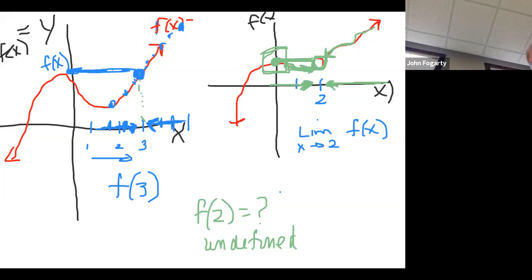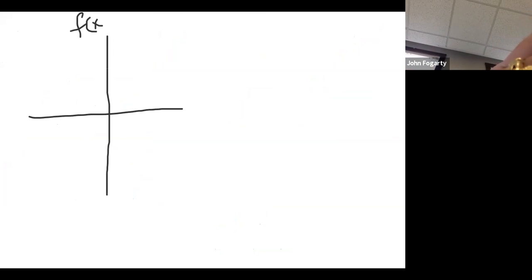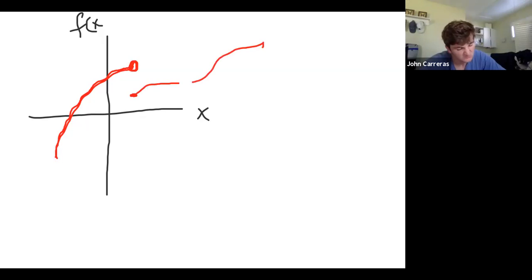Does that make sense? Because now I'm going to show you what happens in this scenario. All right, so I got f of x, and I got x. And quite honestly, I really don't care what the picture looks like. Doesn't matter what the picture looks like.